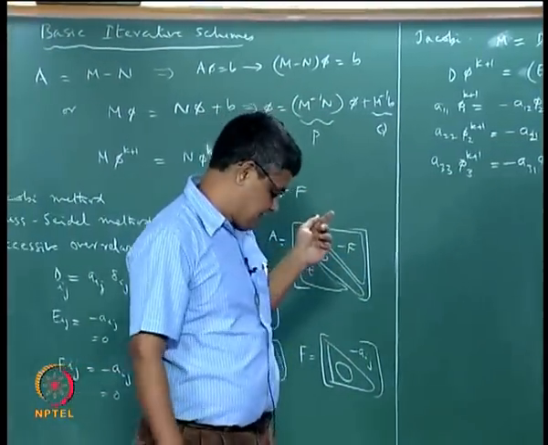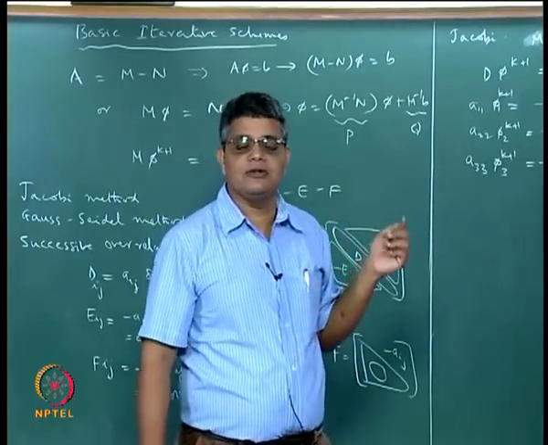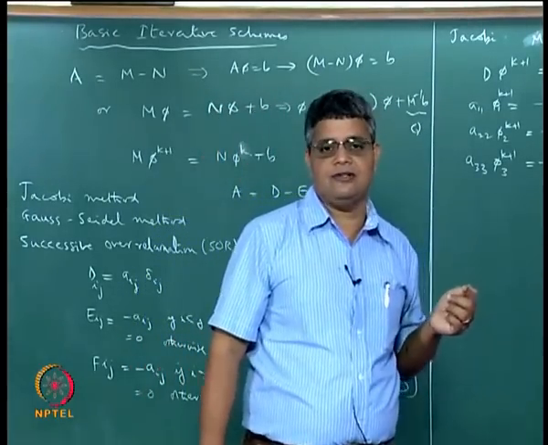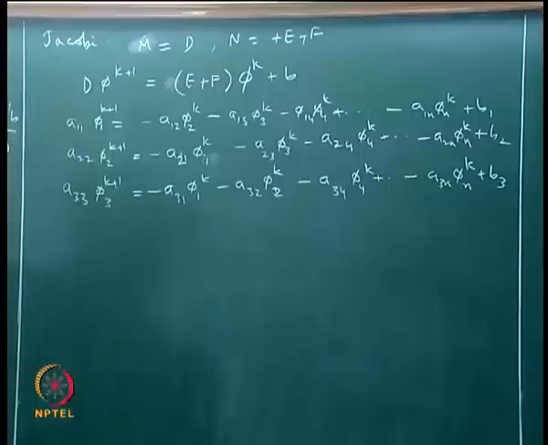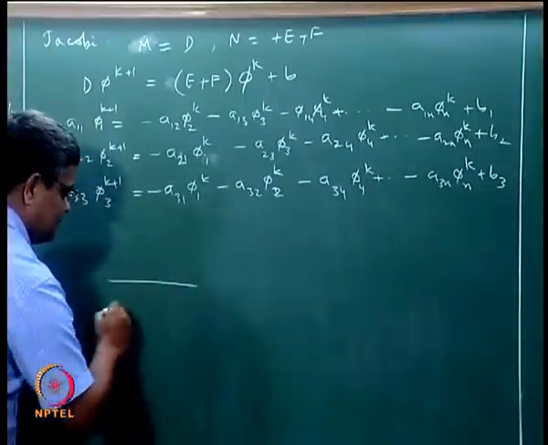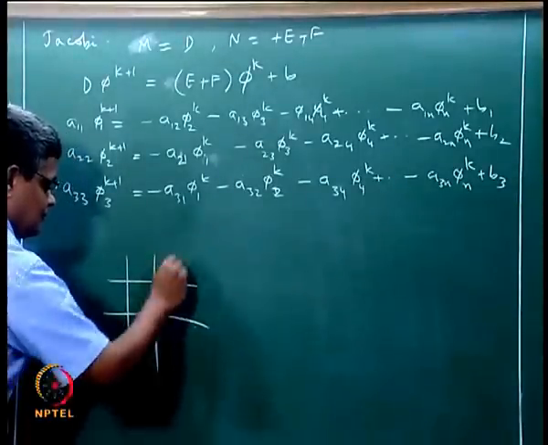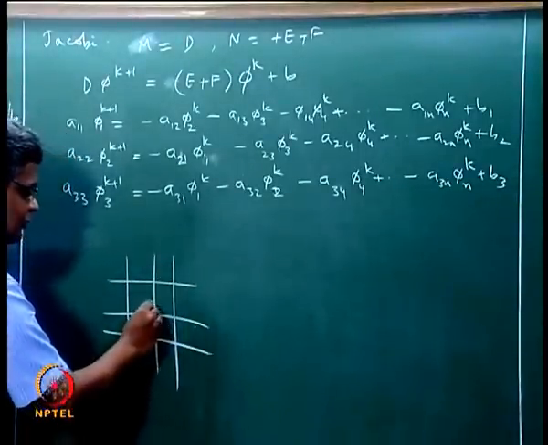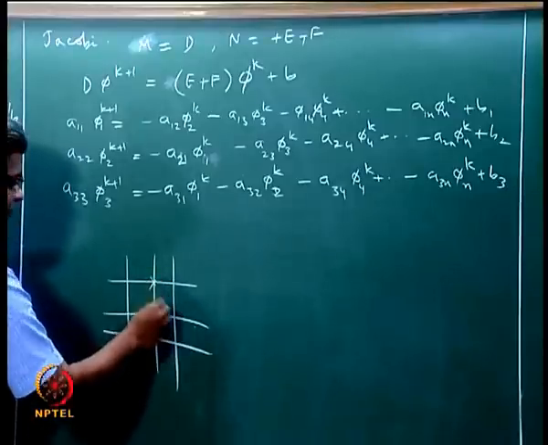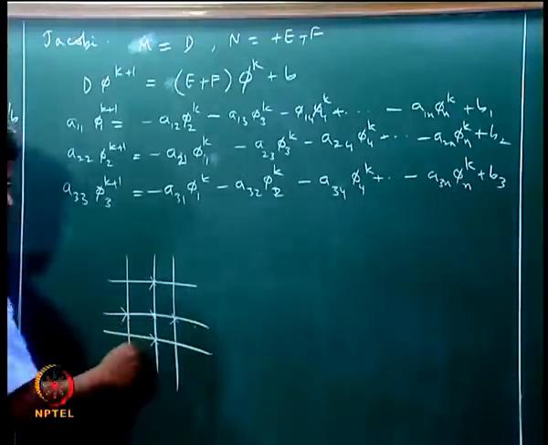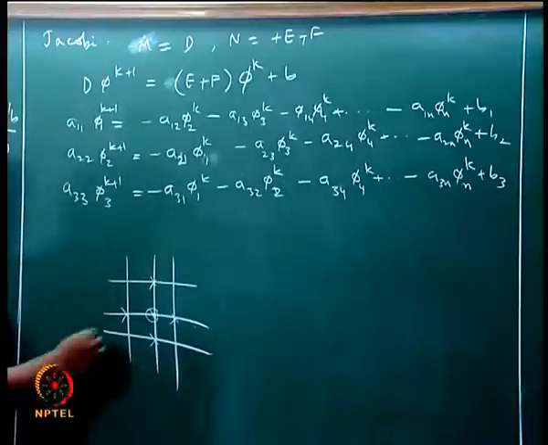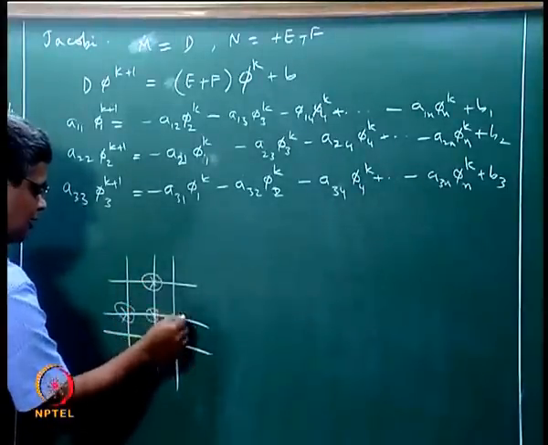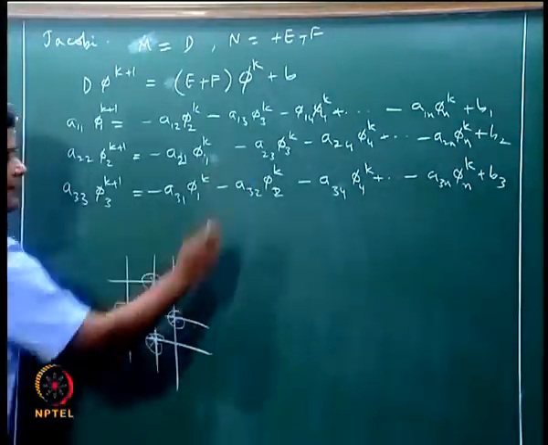So typically in a two-dimensional flow kind of situation, if we imagine this is the point here, then this is influenced by this point, this point, this point and this point. So this is what is on the left hand side, and these four are what are there on the right hand side.